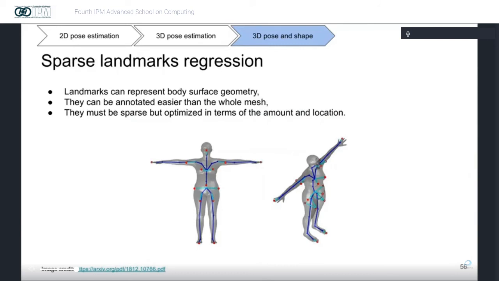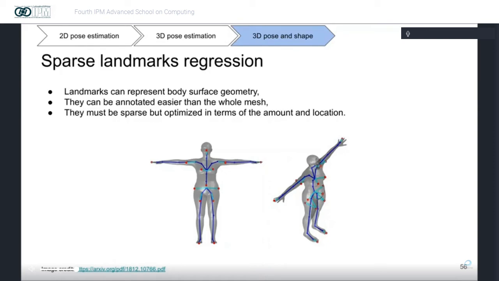Okay, an alternative approach to the dense mesh regression is the sparse landmark regression. Landmarks are single points on the body surface. Annotating the landmarks is an easier task than a dense mesh. All the points on the body surface do not have the same importance, and some are more representative of the surface geometry.